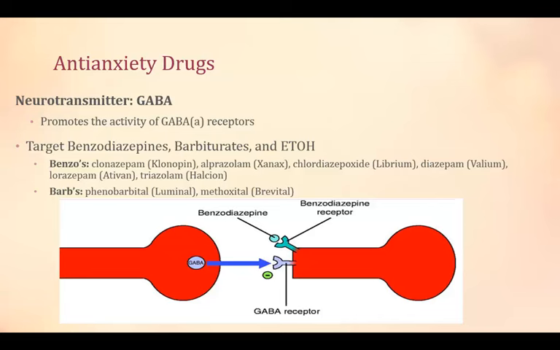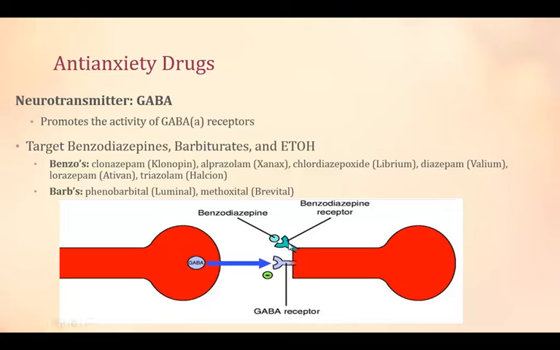So by giving anti-anxiety drugs, what happens is these drugs fill the spaces of the receptors so that there's more GABA that can be used to slow down the next neuron transmission on the postsynaptic cell. Okay? So it has that calming effect by blocking or using those neurotransmitters.